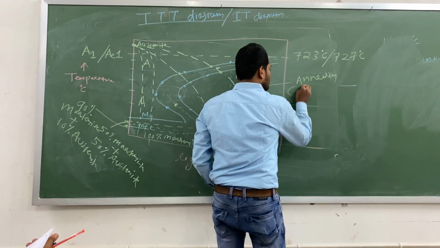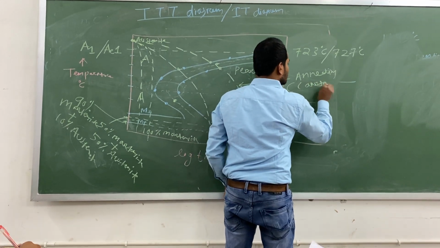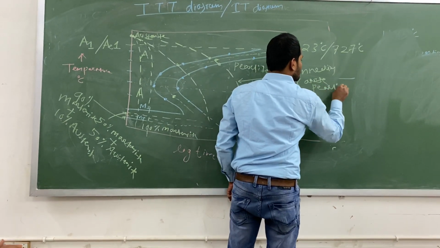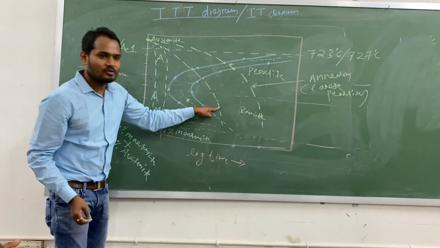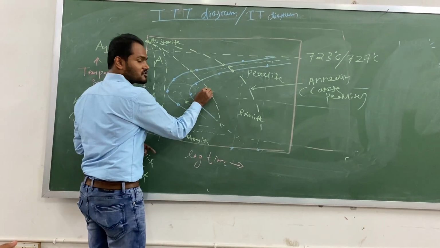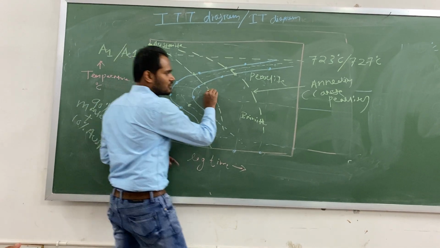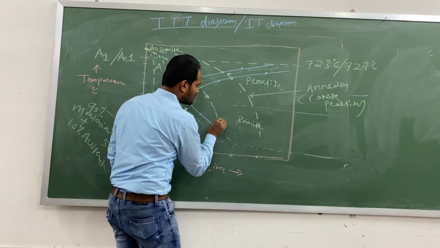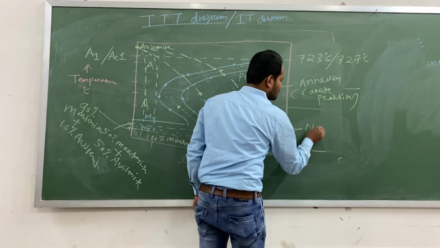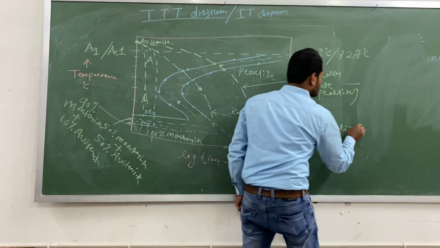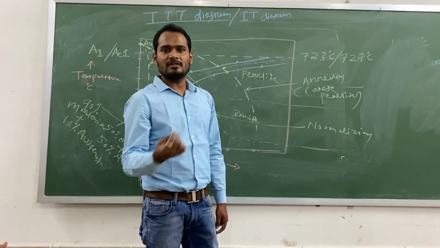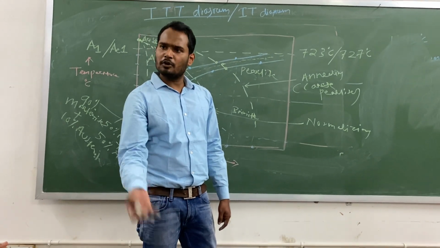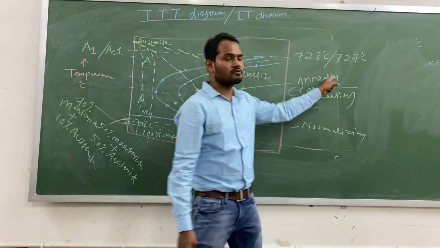So here I am writing. It is okay. Similarly, if my cooling rate is this one, you will end up with this structure. This part is called normalizing. Normalizing means air cooling basically. We take the sample out into the air and allow it to cool. It will cool at a somewhat faster rate compared to this one.